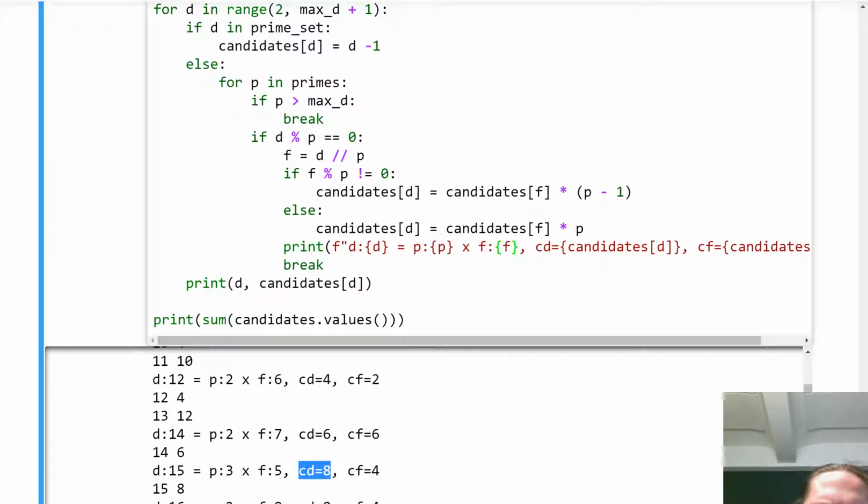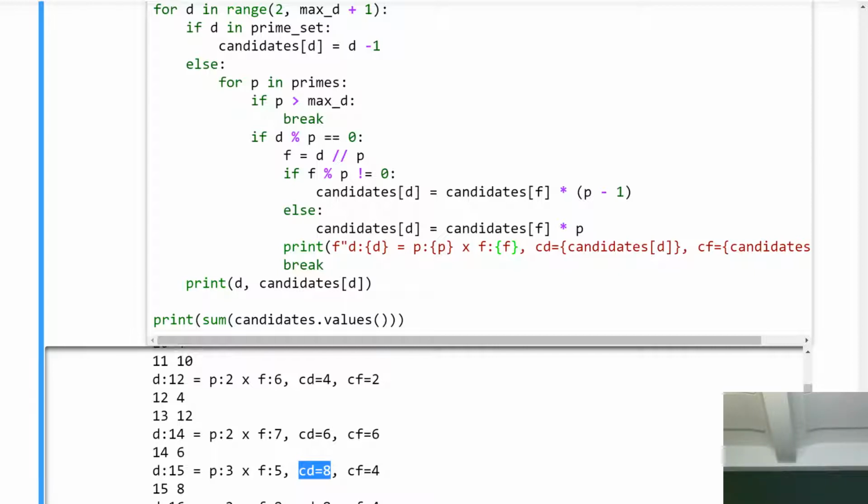F is the candidate. No, F and D are coprime. No, F is D over P. F is not divisible. So say you have 93.